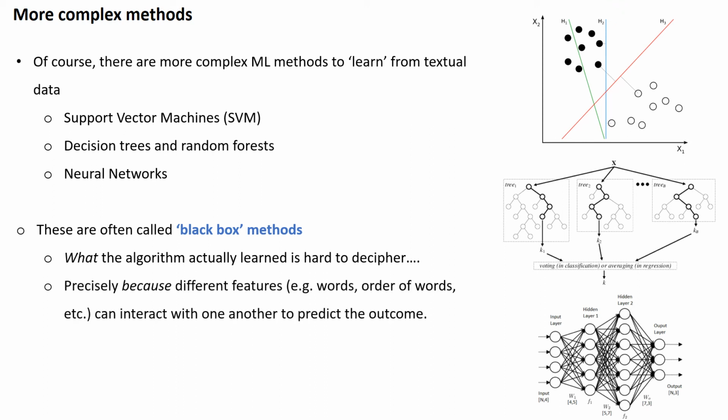Now, this is precisely because in these machine learning models, different features, words, order of words, can interact with one another in a very complex manner to predict the outcome. And in this sense, because they're more accurate and they can incorporate more complex interactions, there is an inherent trade-off between how accurate a model is and the interpretability of a model.